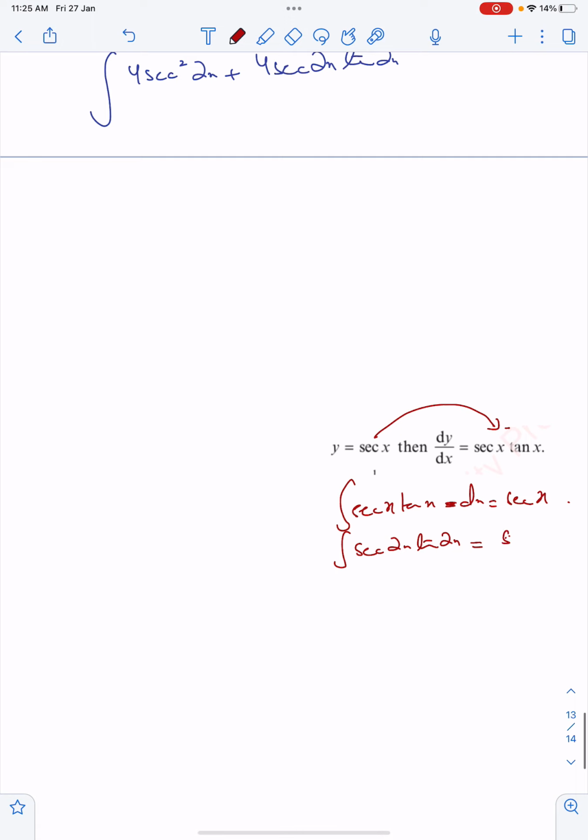The integration is going to be sec of 2x divided by 2.